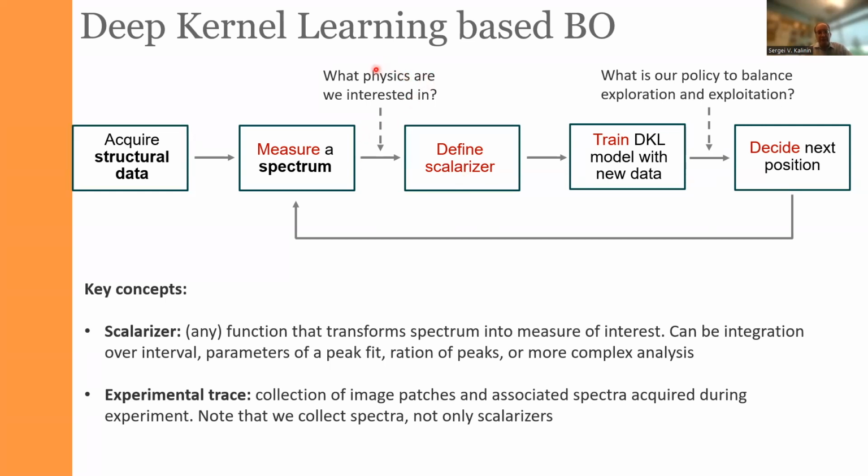So in the examples that Kevin have shown and the ones that I'm going to show in a few minutes, we define the physics that we are interested in at this stage, and we do not change it during the experiment. We define the policy to balance the exploration and exploitation at this stage, and we also don't change it during the experiment. So in other words, we configure our experiment with some parameters from the very beginning, and then this feedback circle kind of run automatically.